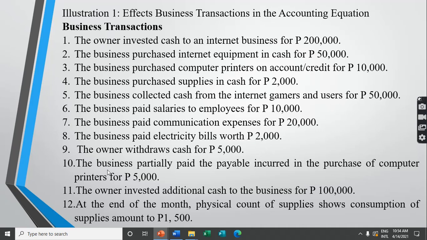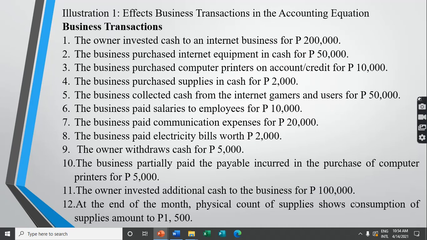And the business partially paid the payable incurred in the purchase of computer printers for 5,000. Next is the owner invested additional cash to the business for 100,000. And lastly, at the end of the month, a physical count of supplies shows consumption of supplies amounting to 1,500.